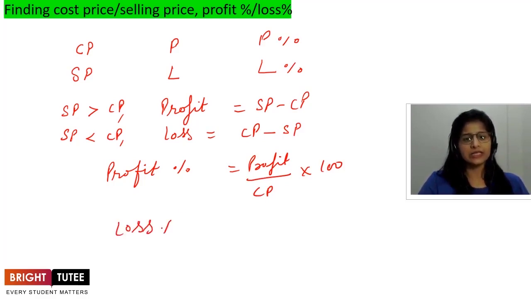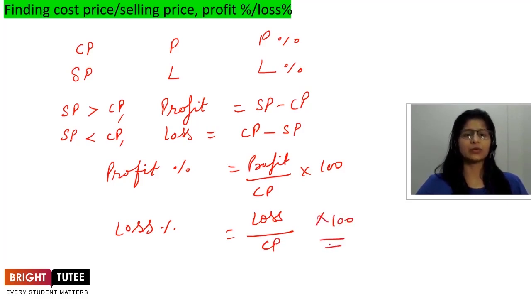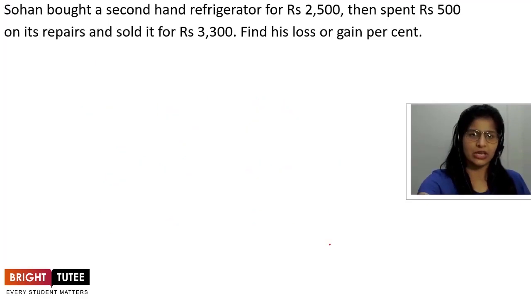Loss percent is loss upon CP into 100. If we are given profit and SP, we can calculate CP. Any two things are given, we can calculate the others. Let's move to the question now.